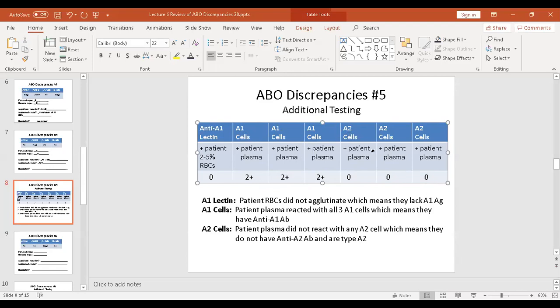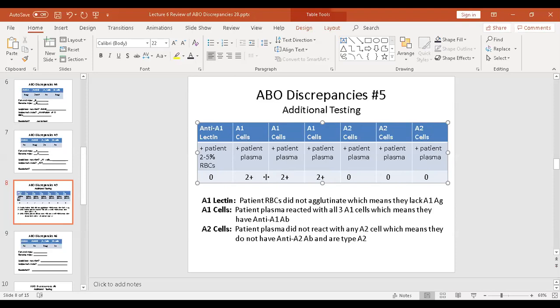When we look at our A2 cells, we see no reaction, okay, meaning they don't have an antibody against A2. So basically, this means the patient does not have an antibody against A2 because they are type A2. Okay, so all of this together is used to confirm that this person is a type A2 who happens to have an antibody against A1.